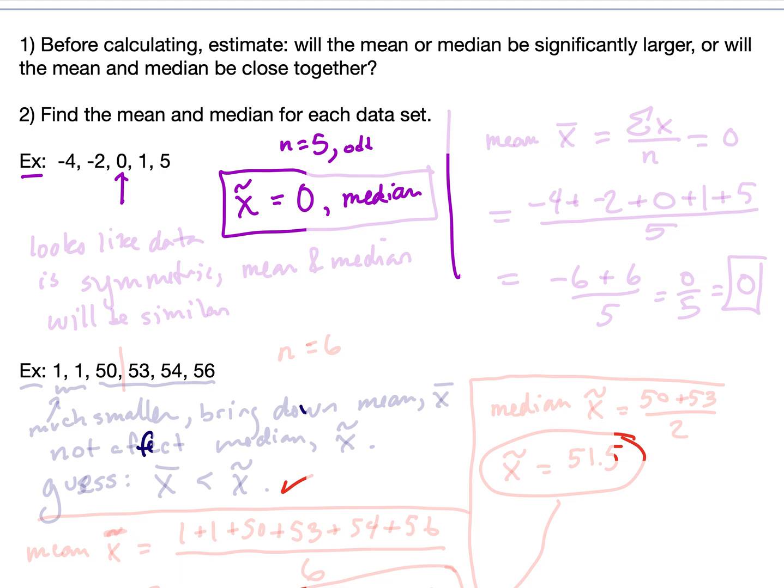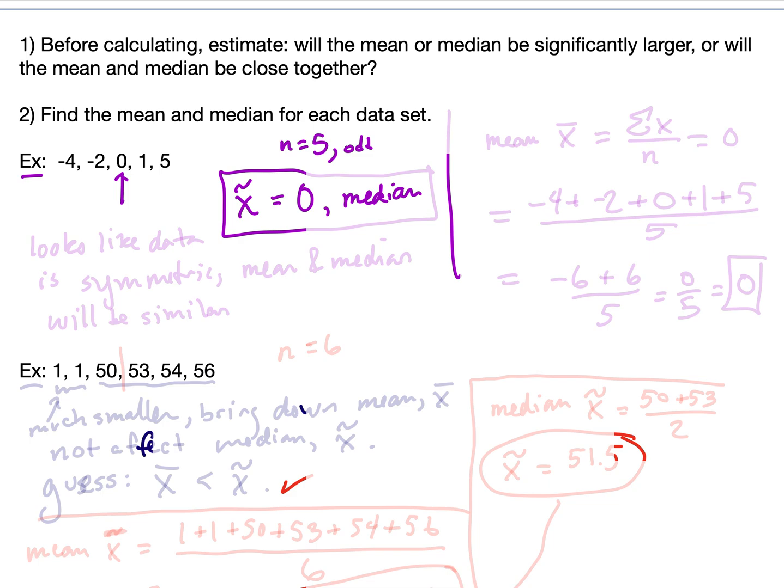Just based on estimating, because the data is fairly symmetric around the middle, there are no really unusually large values or really unusually small values. We would guess that the mean might be pretty close to the median.